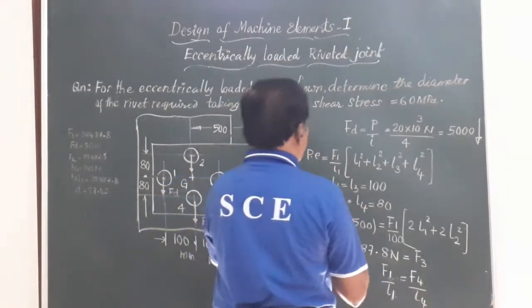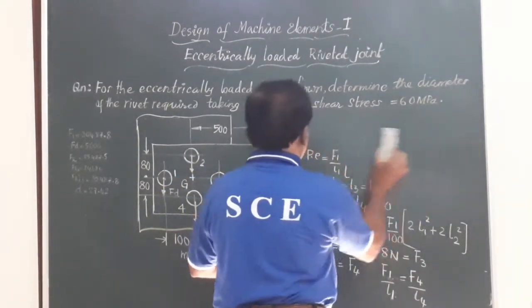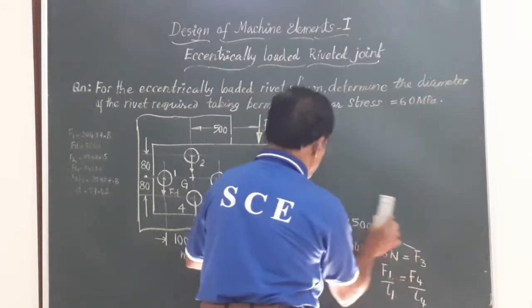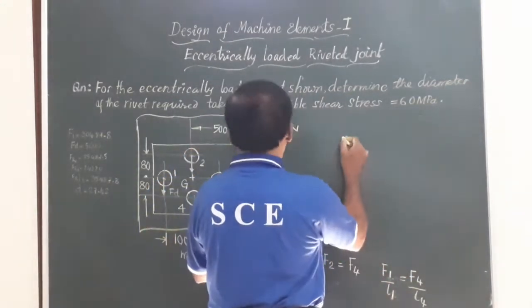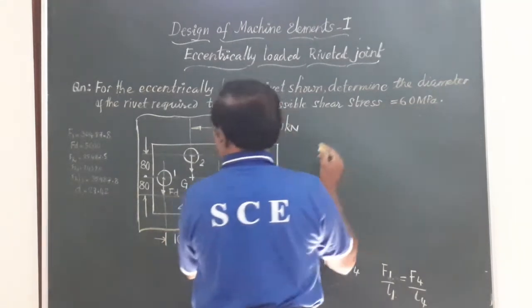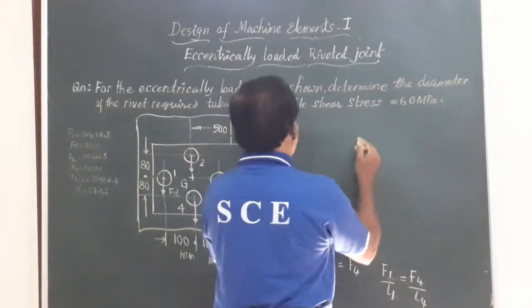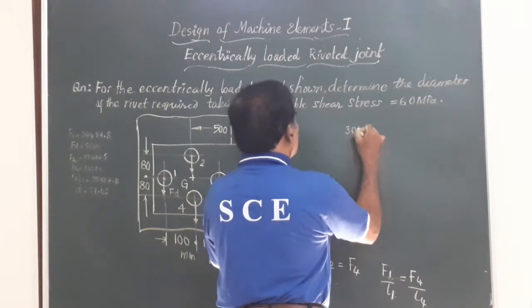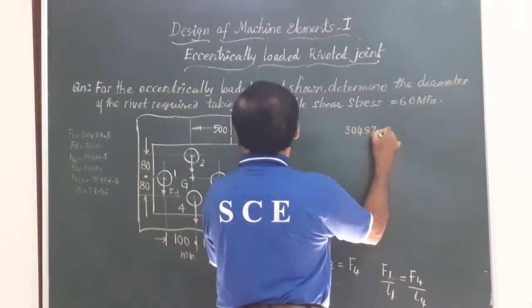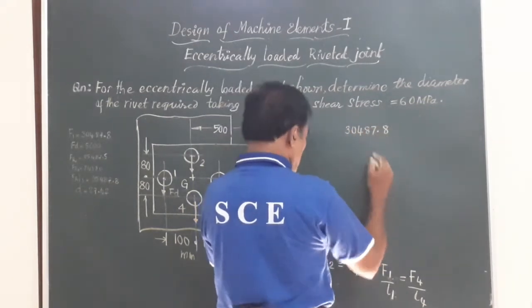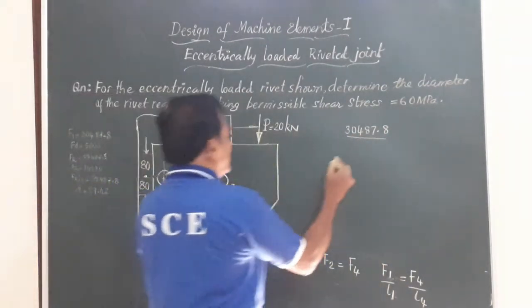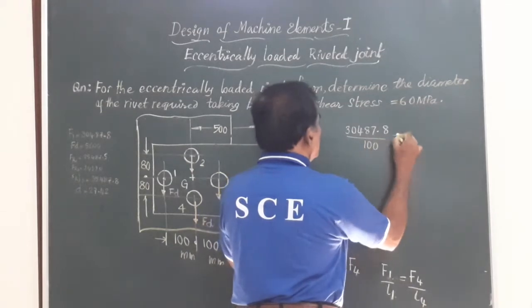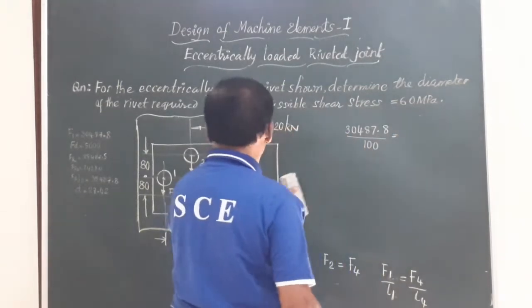And here, we know the value of F1, that is 3487.8 Newton divided by L1, L1 is 100, is equal to F4 by L4.